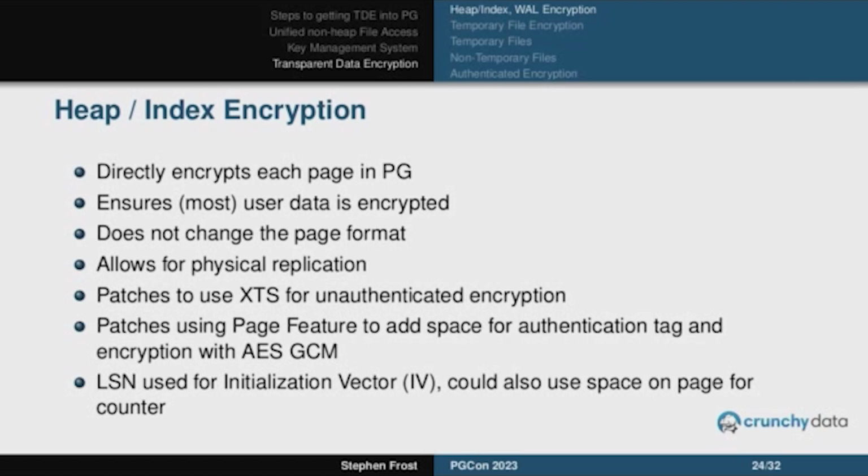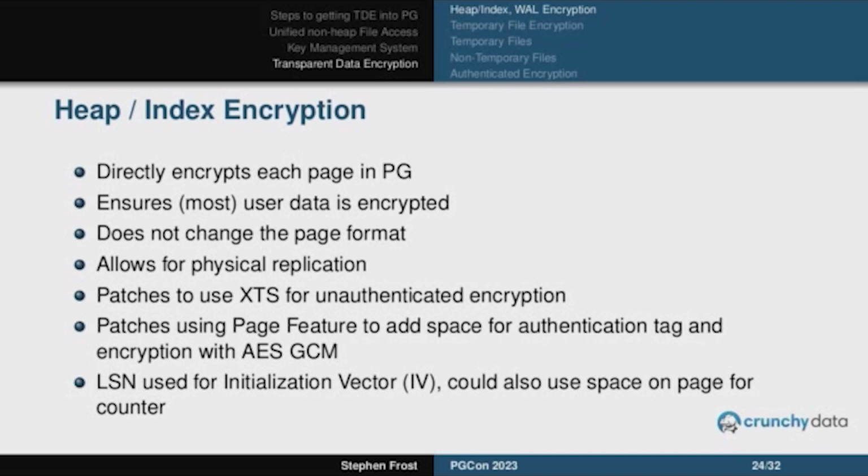And then, building on top of the page feature work is the ability to have authenticated encryption with an actual authentication tag. Currently we're using the LSN as the initialization vector, but as has been pointed out, there are some cases where that's not great because we may end up not changing the LSN but writing new data.